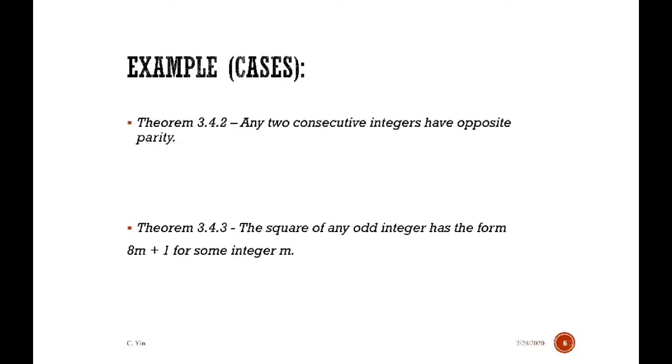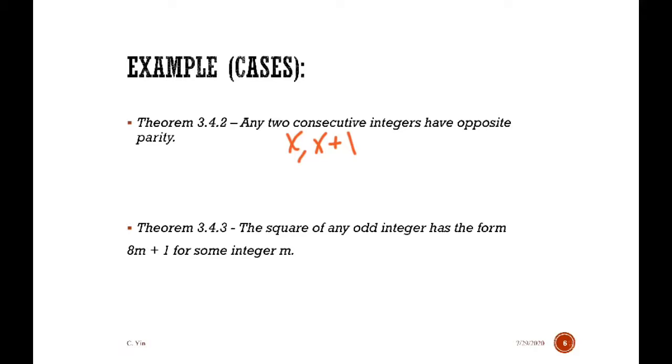So our first theorem we want to prove is 3.4.2, and it says any 2 consecutive integers have opposite parity. And so when we're looking at our 2 consecutive integers, if we call one of those x, then the other would be x plus 1. And we want to show that x and x plus 1 have opposite parity. And opposite parity would mean that if one is even, the other is odd.